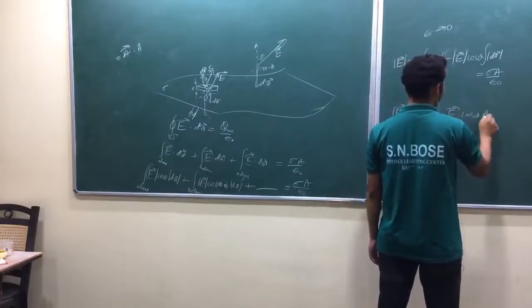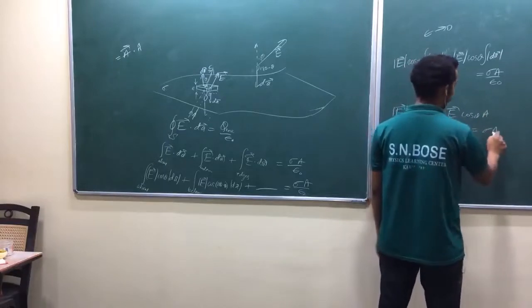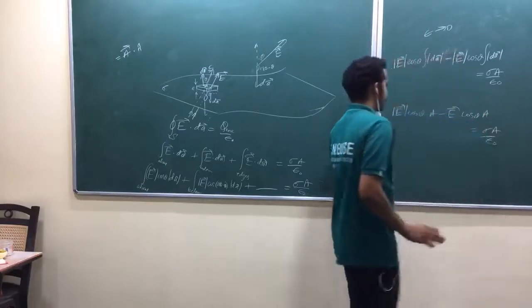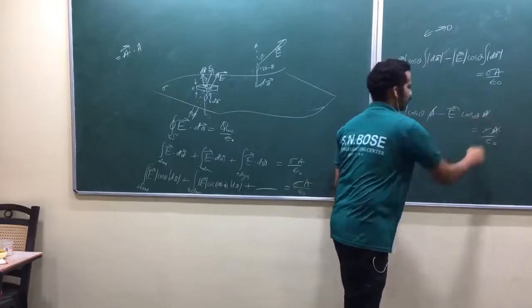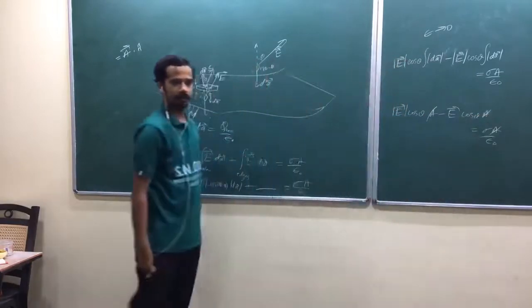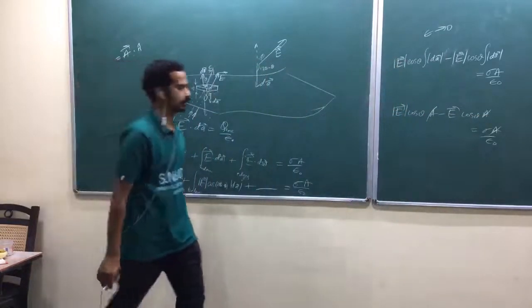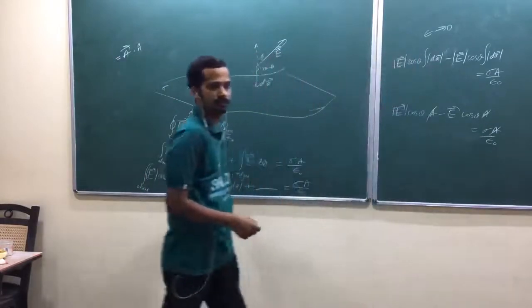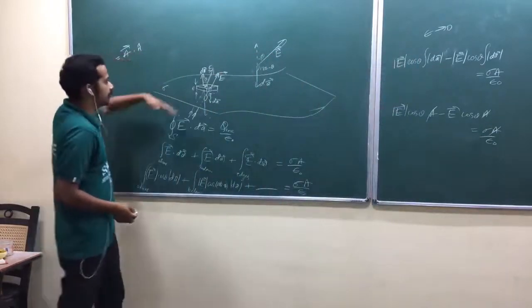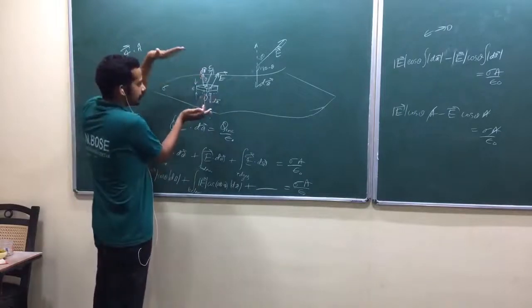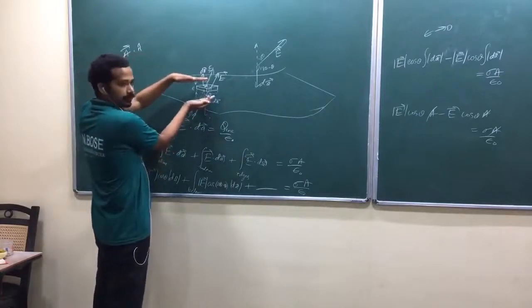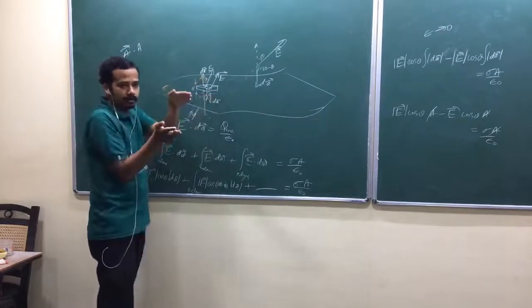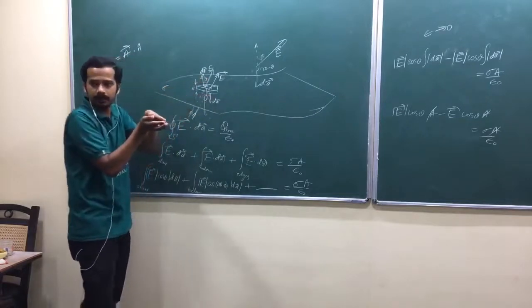Wait a second, I have to argue something else. Sigma A by epsilon naught, you can take only the last expression. A got cancelled, that surface area got cancelled. Now when you put epsilon tends to 0, the upper surface area and lower surface area of our pillbox are approaching that surface.